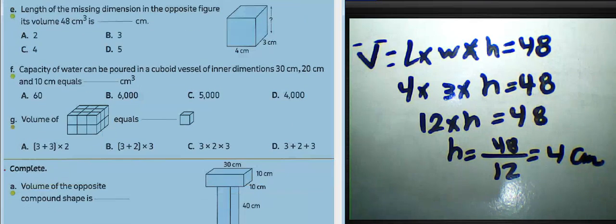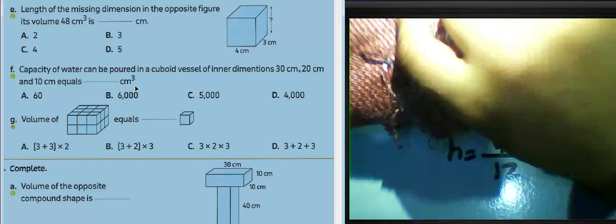Question F. The capacity of water that can be poured in a cuboid vessel of linear dimensions 30 centimeters, 20 centimeters and 10 centimeters equals space cubic centimeters. We can find the capacity, it means the volume.